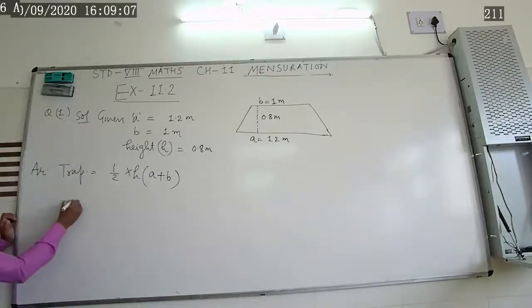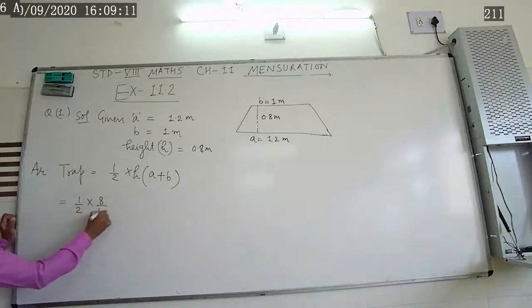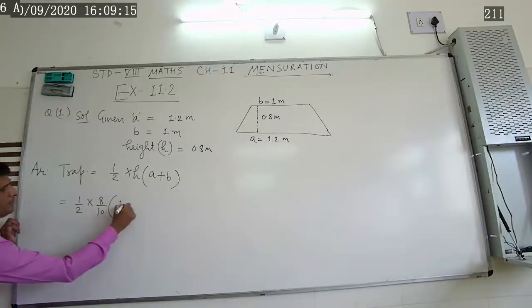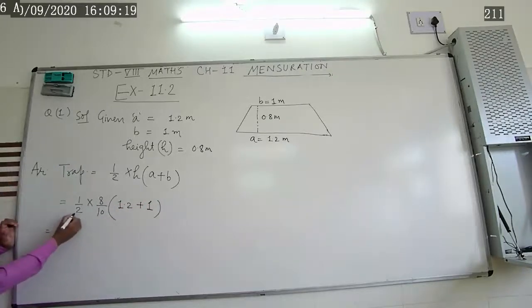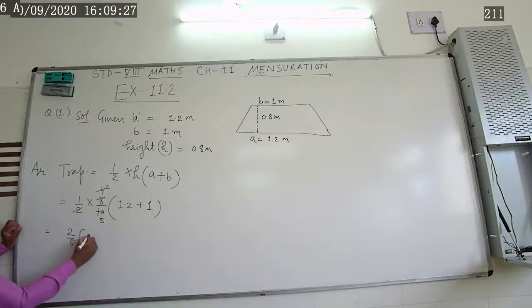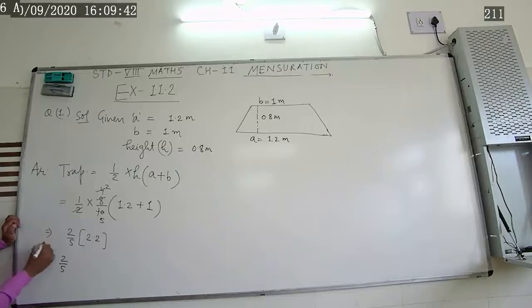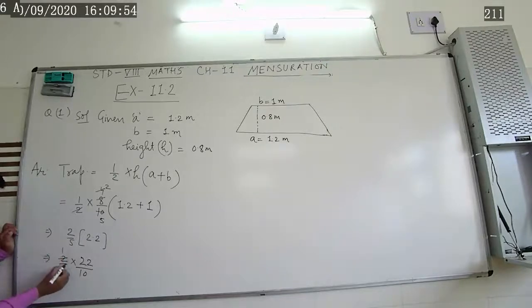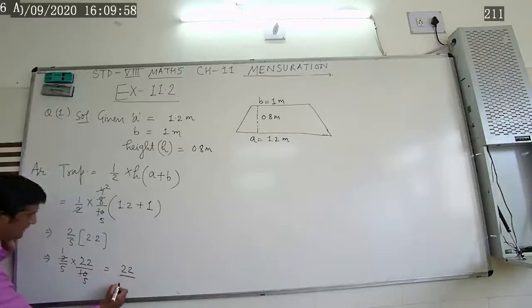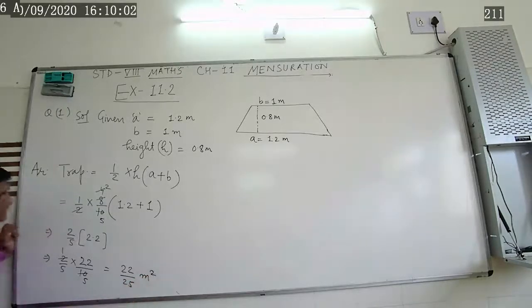So that comes 1 by 2 into 8 by 10 into (A plus B). 1.2 plus 1 is 2.2. So 2 by 5 into 2.2, which is 2 by 5 into 22 over 10, equal to 22 by 25 meter square, or you can cancel.